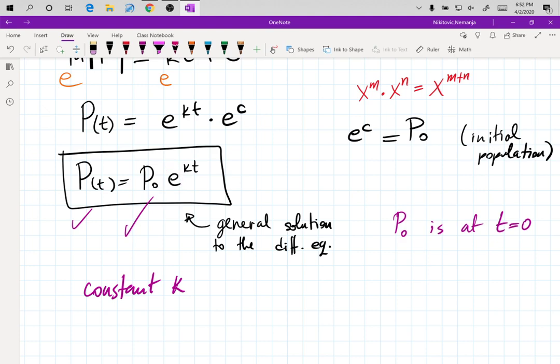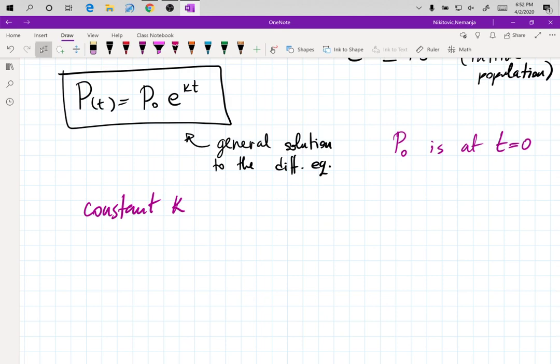So we know t represents time. If we are talking about people, we're talking about years. Population P0, that's number of people, number of units. And population at any time is, again, number of people. So what's k? k is going to tell us how fast population is growing or declining, and that's the one that you have to compute from initial points and other things that we are going to see in some time now.